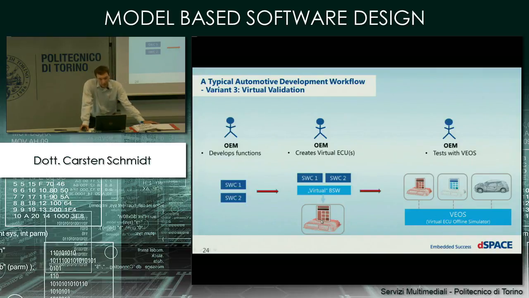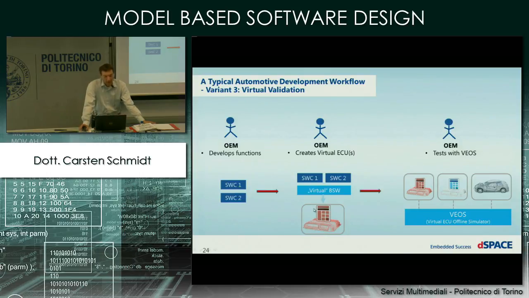And the advantage is that in this case I showed here, or in the real customer use case, the automotive manufacturer can create these virtual ECUs by himself. So he is not dependent on the supplier in that case.